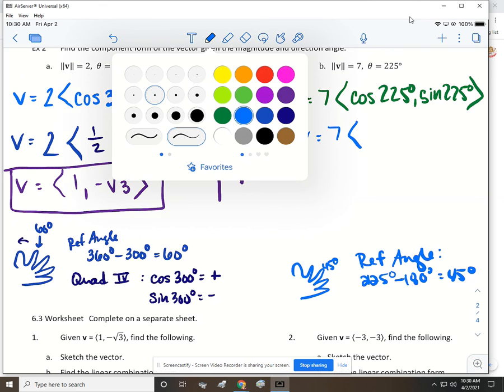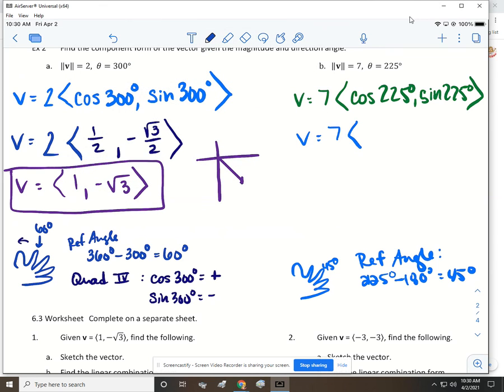All right, and like we just said, 225 degrees is in quadrant 3. So that means that the cosine of 225 degrees is going to be negative, and so is the sine. Okay, and so for cosine, we're going to do square root of the top over 2.